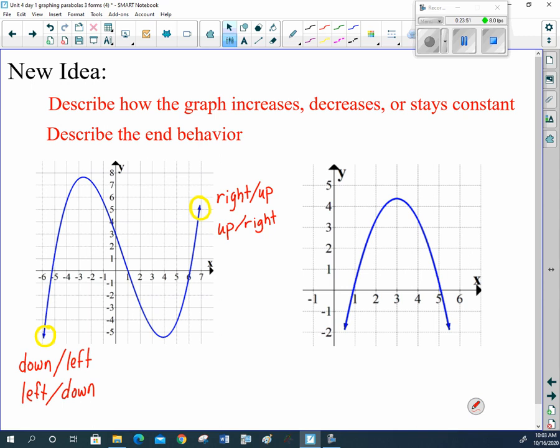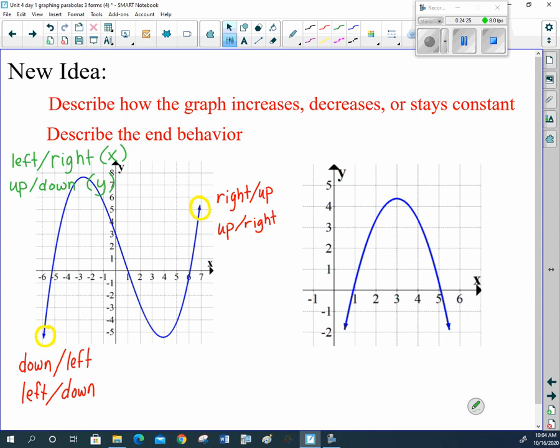What we want to do now is change that into math language. So we want to do that describing what's happening in math language. So basically what I mean by that is the words left and right, we're going to associate with x's. So left and right is going to go with x, and up and down is going to go with the letter y.